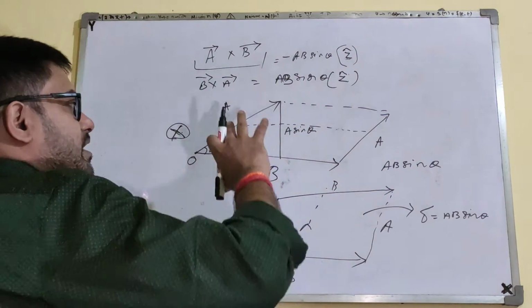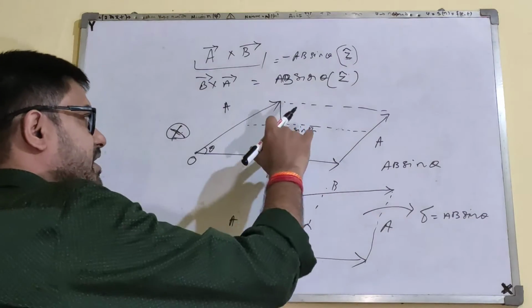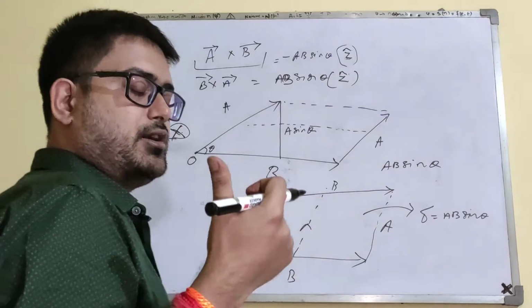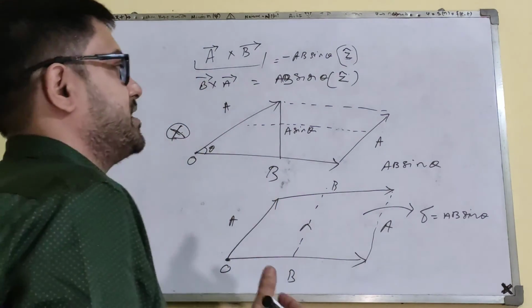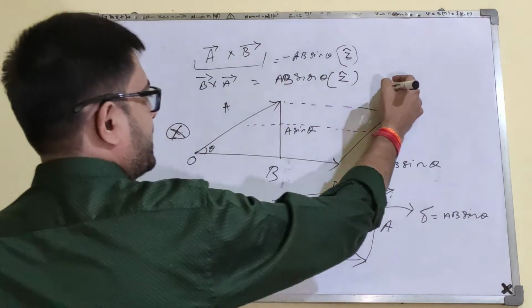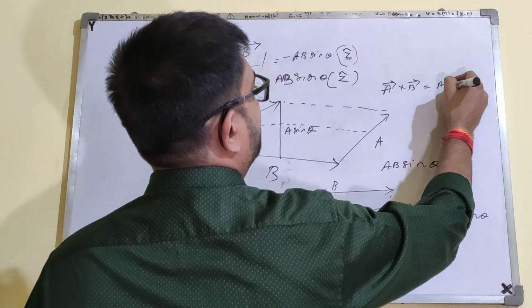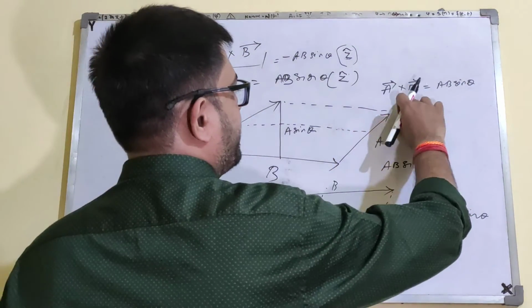However, when it comes to area, we also assign a sign to the area. We assign a direction to an area again by using right hand thumb rule. Let's understand why that is necessary. Why can't we simply say A cross B is AB sine theta? Why do we have to give it a sign?